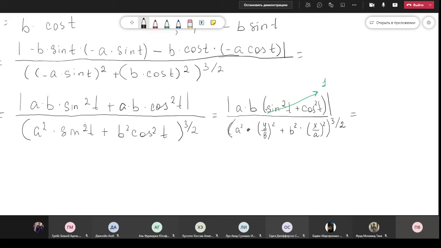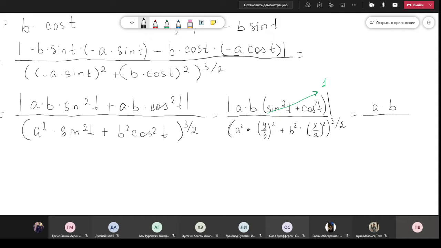A and b are positive, so we can write our modulus. We have only a times b.